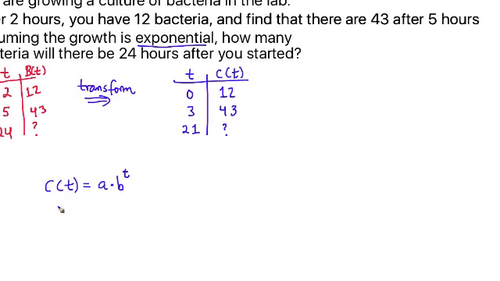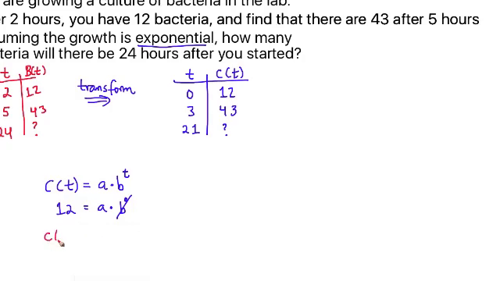We know that when C is equal to 12, the time was 0. Okay. And this is really nice because b to the 0 is just 1, so we know that 12 is equal to a, our initial amount here.